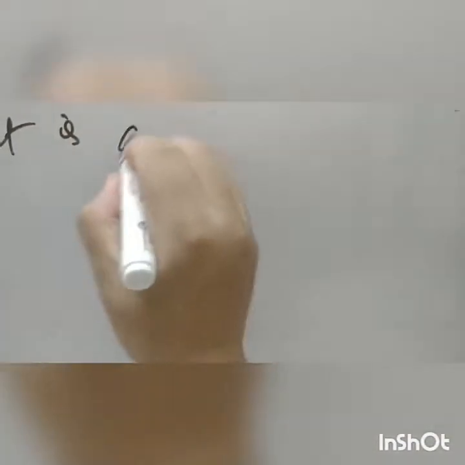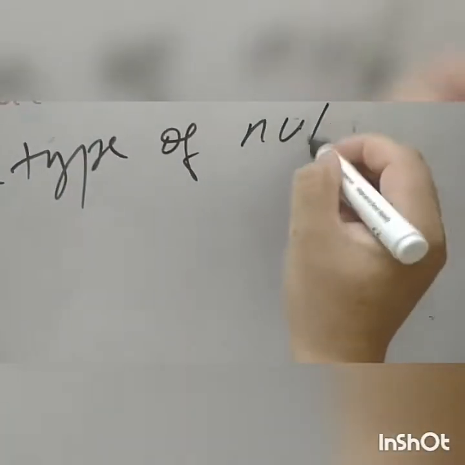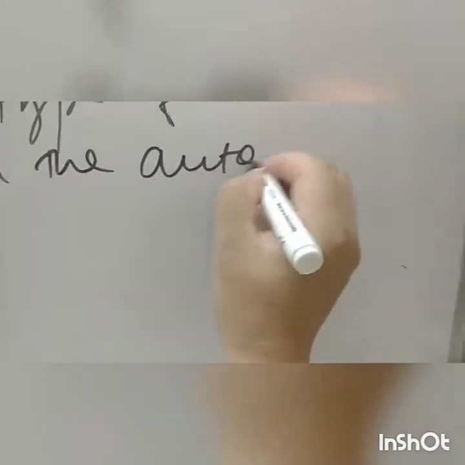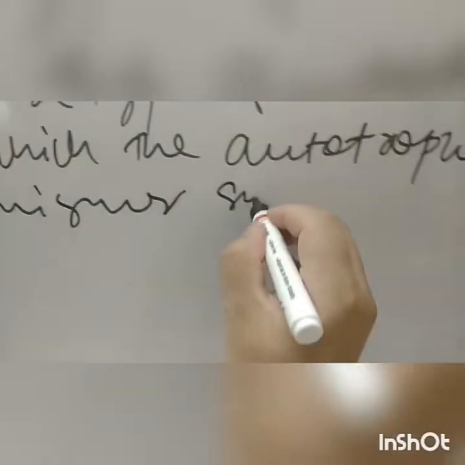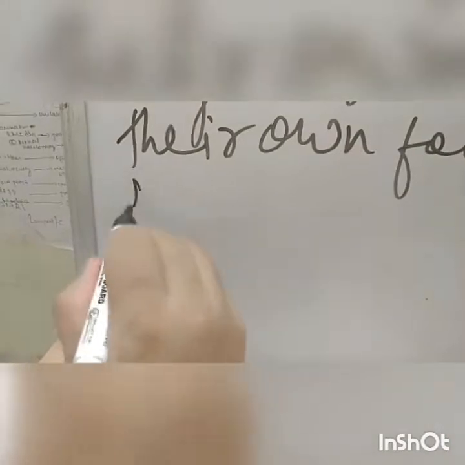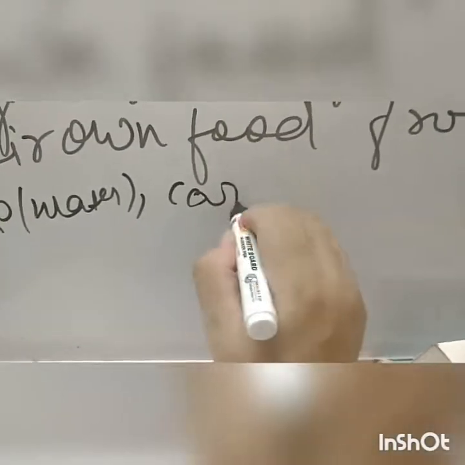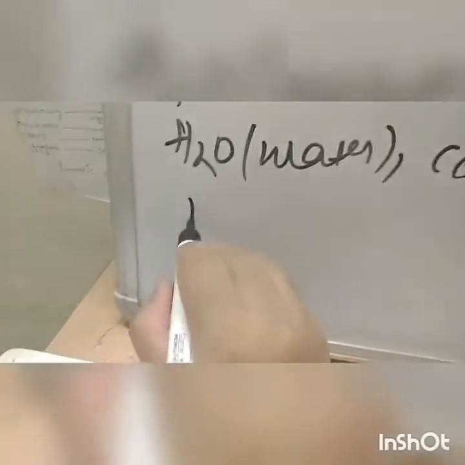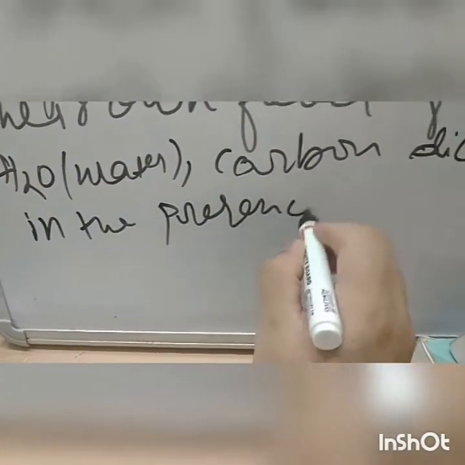Autotrophic nutrition, the definition is, it is a type of nutrition in which the autotrophic organisms synthesize their own food from water, carbon dioxide, in the presence of sunlight.